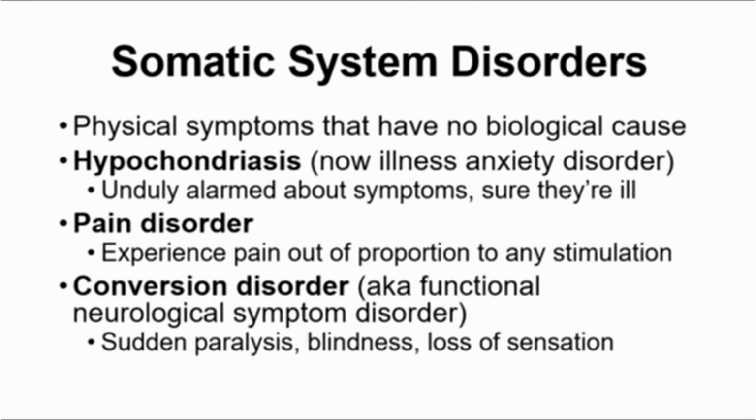So they get unduly alarmed about symptoms, they're positive that they're ill, and they might even end up inventing symptoms, specifically because maybe they're like, well, my arm feels funny. So they keep touching it, and now it's red because they've kept touching it, and now they're convinced they have a rash. So now they go to the doctor, assuming that they have, say, skin cancer. So that's a lot of sort of cyclical behaviors there. So yeah, this is one of those that's kind of shuffled around a little bit.